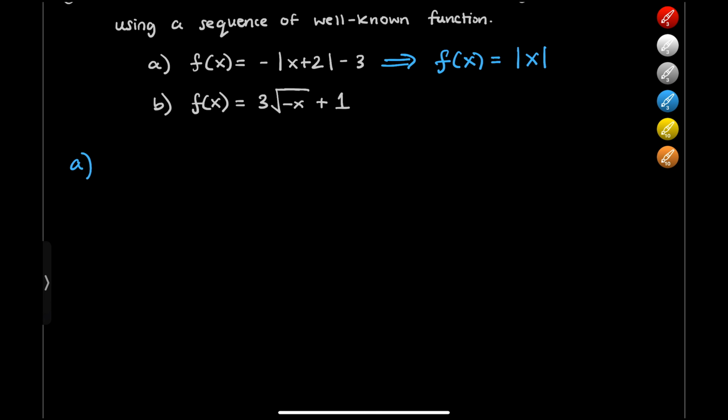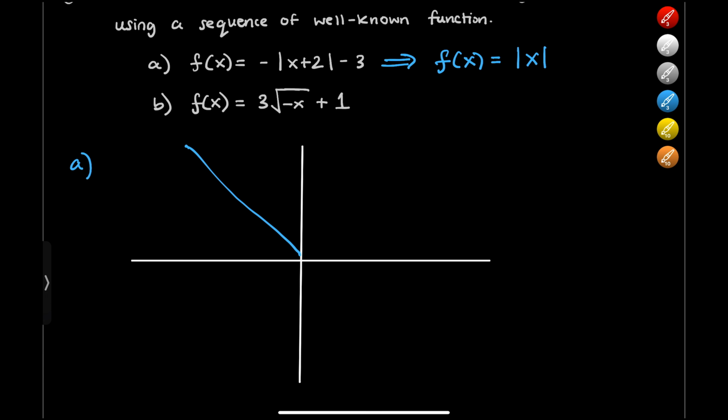And so now let's sketch a graph. The absolute value function originally looked something like this.